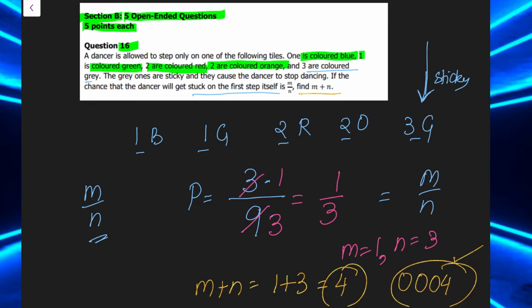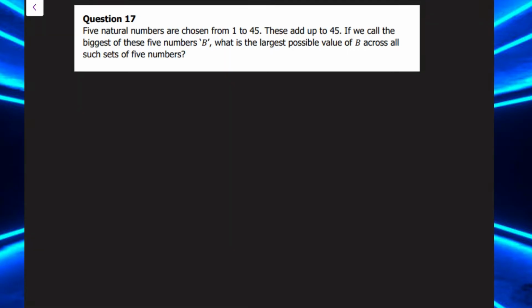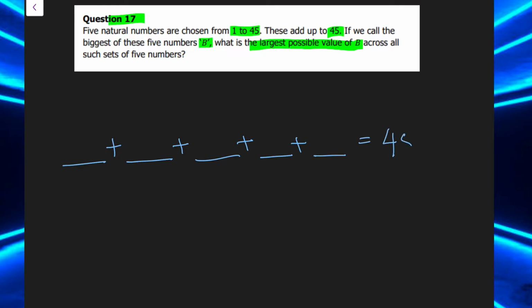All right. Question number 17. 5 natural numbers are chosen from 1 to 45 and they add up to 45. We have to find out the largest possible value for b, which is one of those 5 numbers across all such sets of 5 numbers. Now let's have the 5 numbers. If we imagine these are the 5 numbers that we have chosen, and we add them together and they are 45.